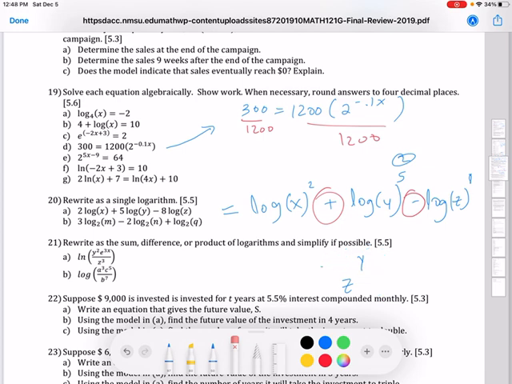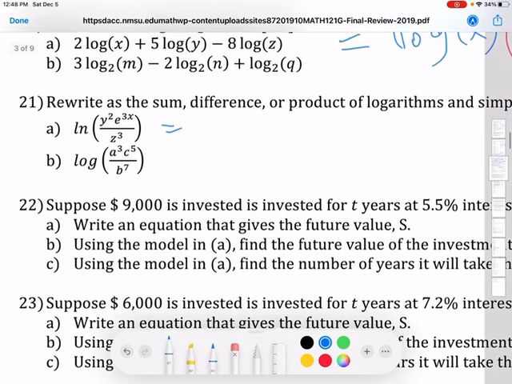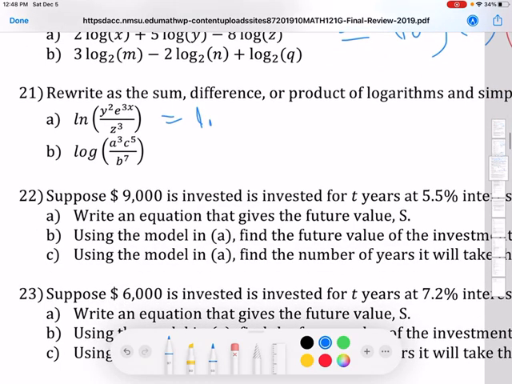I guess we can try one of these so that you guys can see it. So let's try 21a. ln of y squared, you're going to put a plus sign because we're multiplying, ln of e to the 3x, and then since we're dividing z cubed, you put a minus sign, ln of z cubed.